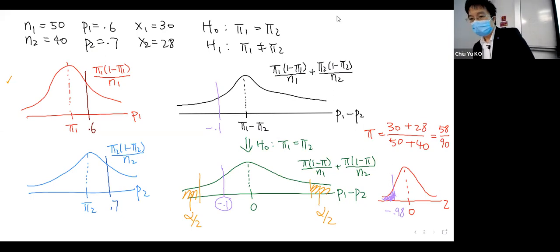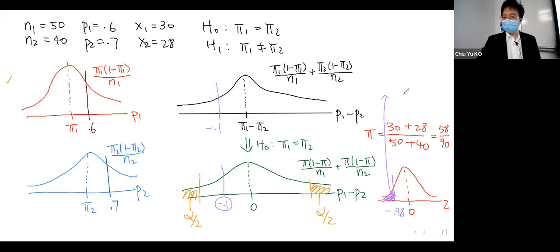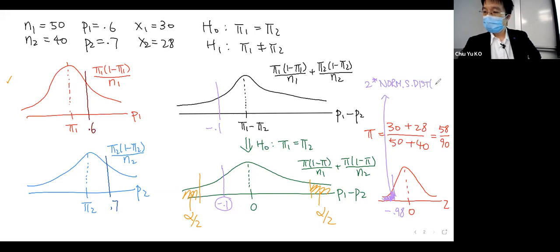By now you should not be surprised how to find this area. If you put it in Excel, it will be 2 times NORM.S.DIST of negative 0.98, comma, TRUE. So let me do the Excel.